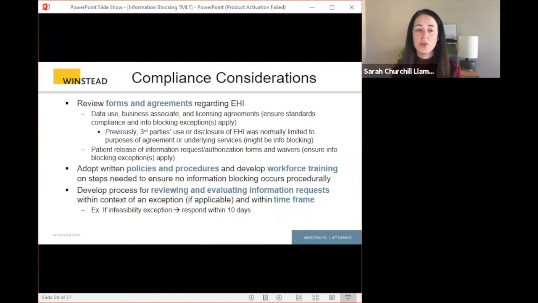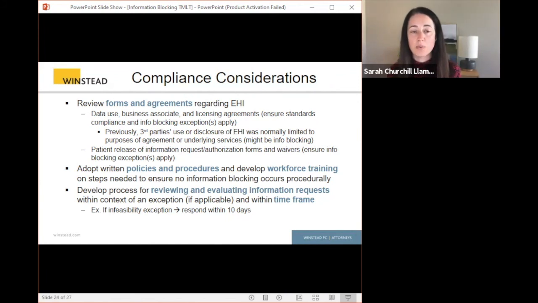So you're obviously going to want to review your forms and agreements regarding how electronic health information is treated. So these could be data use and business associate agreements, or even licensing agreements. You want to make sure that you're actually in compliance and not triggering the data blocking rule.